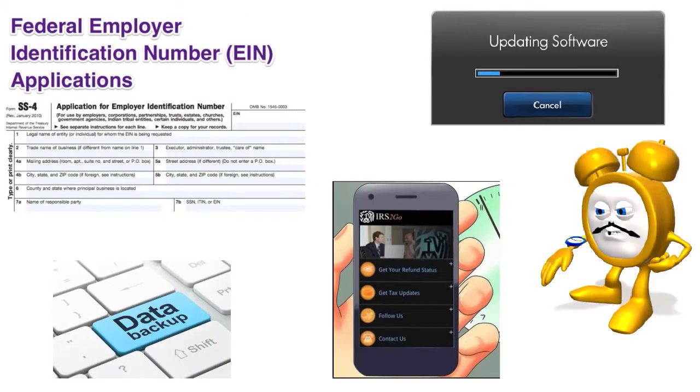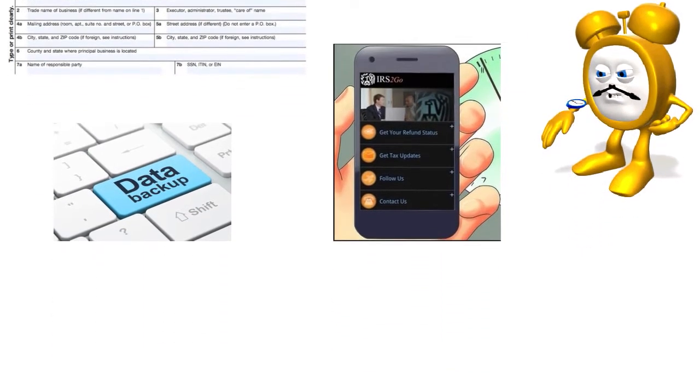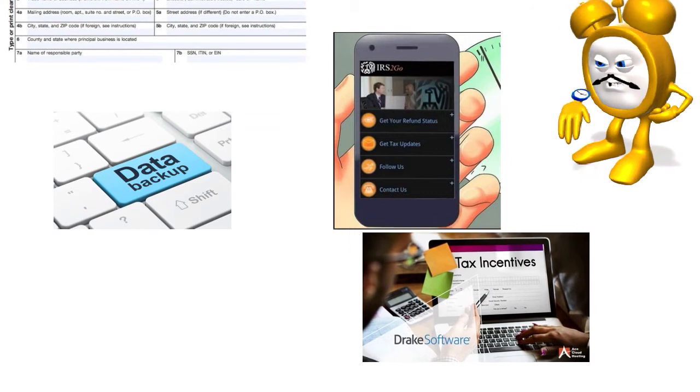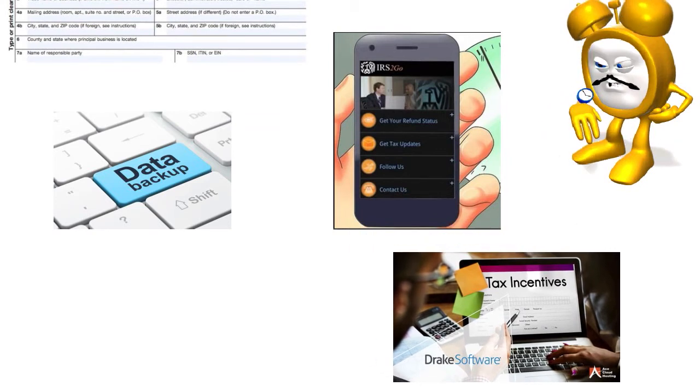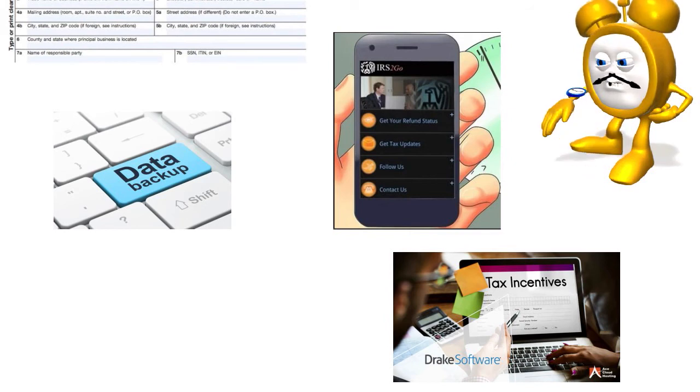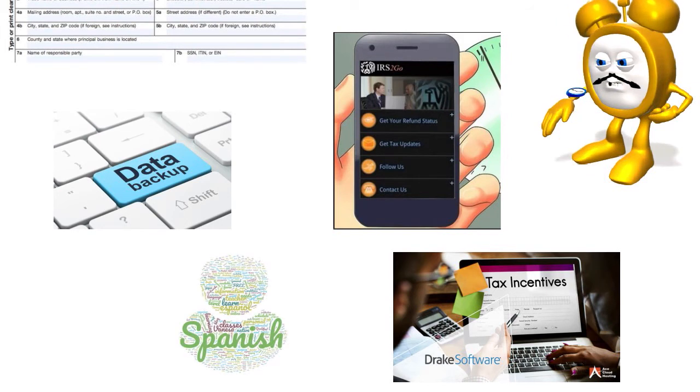You can save time with optional hardware. We love that. And one thing we also love is the integration between Drake Tax and Drake Documents. You can store and access tax forms, returns, and documents in Drake Documents, which is basically your digital filing cabinet. They also have taxpayer forms in Spanish. This is really great.